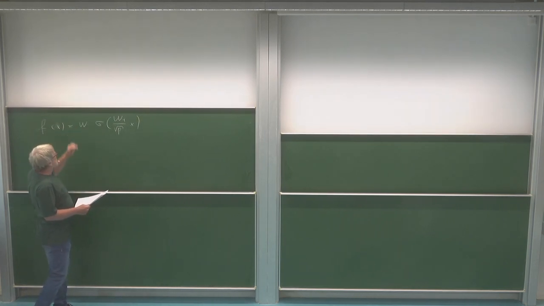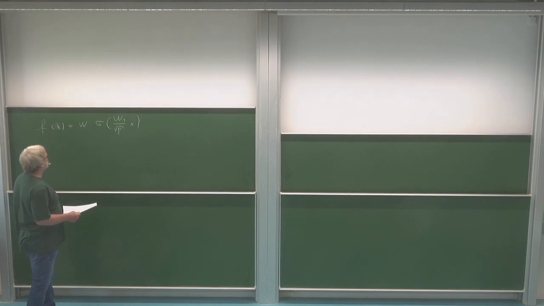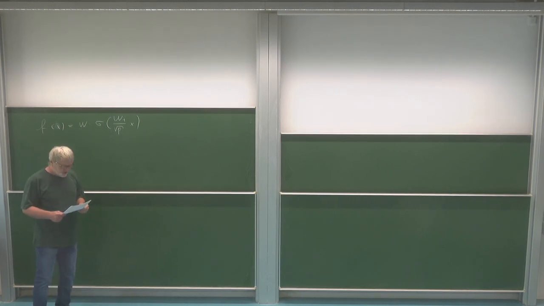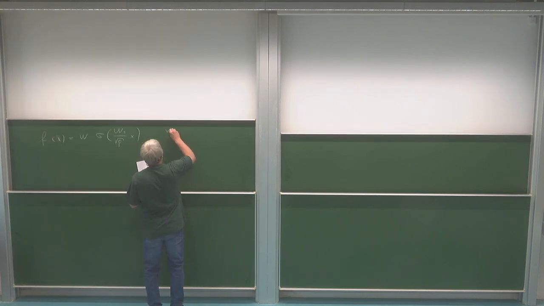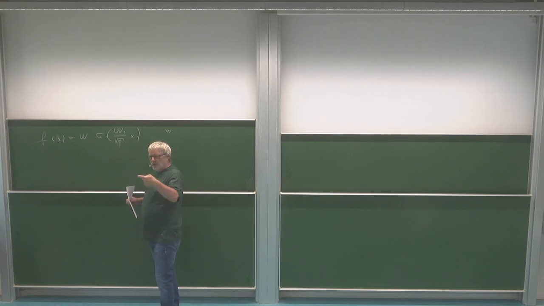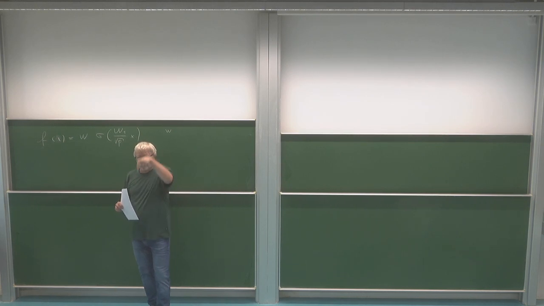Maybe I rename things a little bit, in particular because I have two w's here, which is a bit confusing. This w here is a row vector, and I will now consider all vectors as column vectors. So if I want to have a row, then I write it as a transpose.